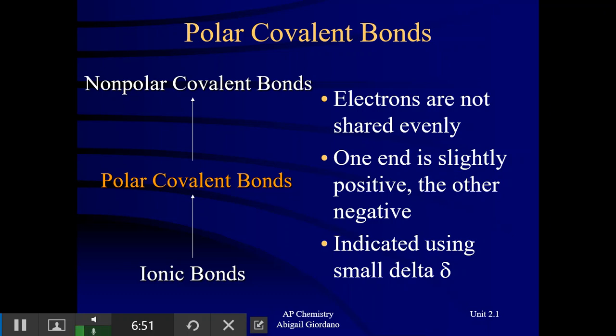Polar covalent, the electrons aren't transferred, but they are kind of leaning to one side. And of course, nonpolar would be electrons are shared evenly, equally. But it's a gradual progression. There aren't these hard and fast boundaries between these words.